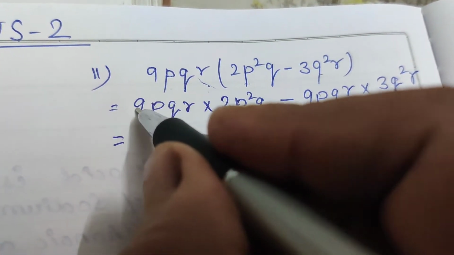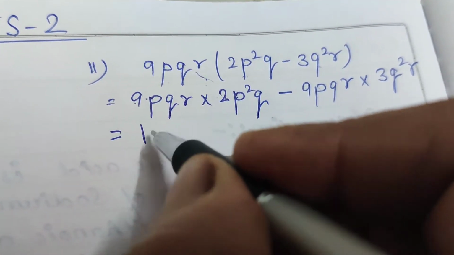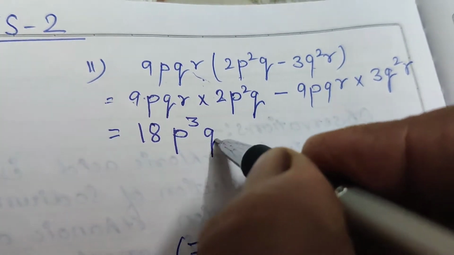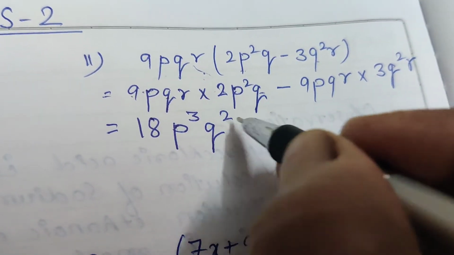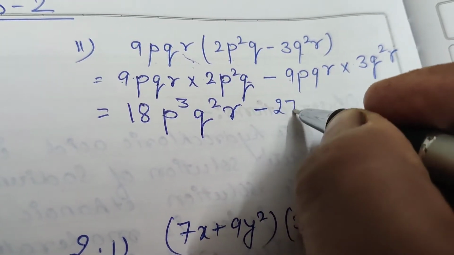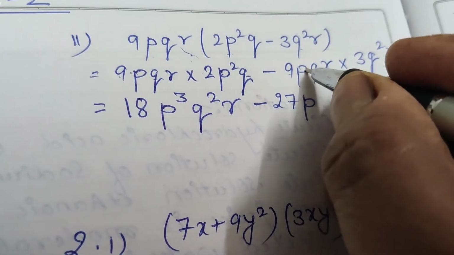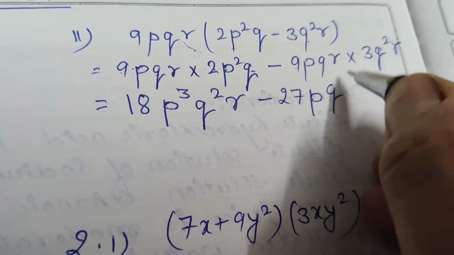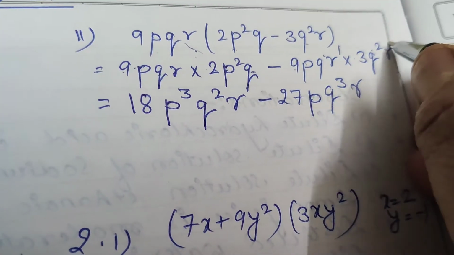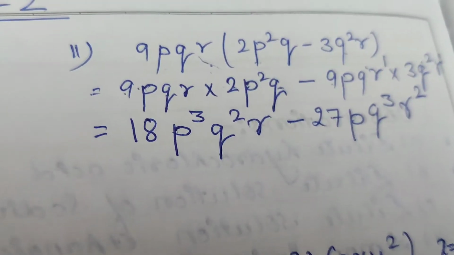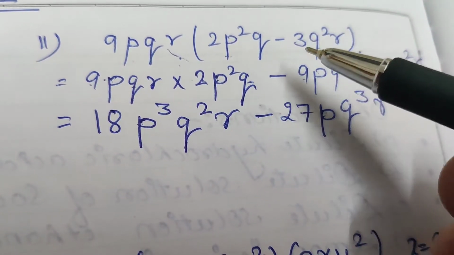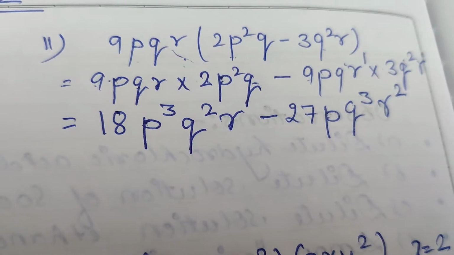Now first multiply the numbers: 9 times 2 is 18, and p: 1 plus 2 is 3, q: 1 plus 1 is 2, and r. Minus 9 into 3 is 27, p is 1, only 1, q: 1 plus 2 is 3, and r: 1 plus 1 is 2. This is the product of 9pqr multiplied by 2p square q minus 3q square r.